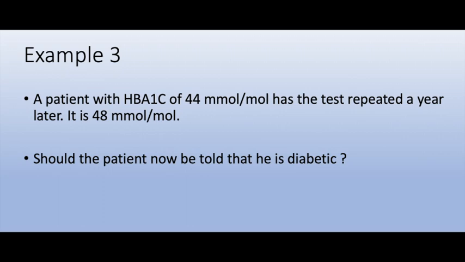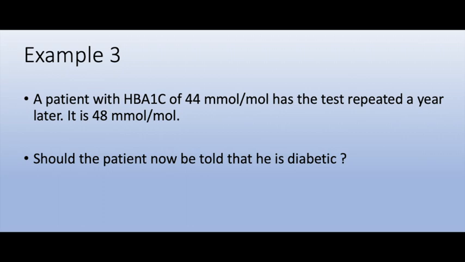Let's look at this example. A patient with a hemoglobin A1C of 44 millimoles per mole has the test repeated a year later. It is found to be 48 millimoles per mole.